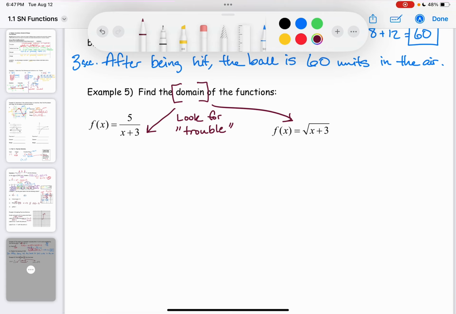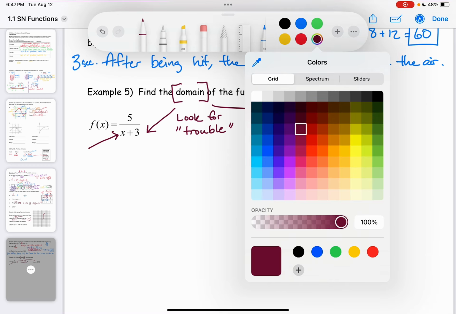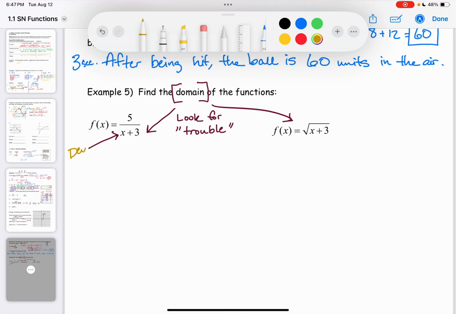This first one, a fraction. I'm sure you remember this, or as soon as I say it, it will ring a bell. But the denominator of a fraction cannot equal 0. It absolutely cannot equal 0.